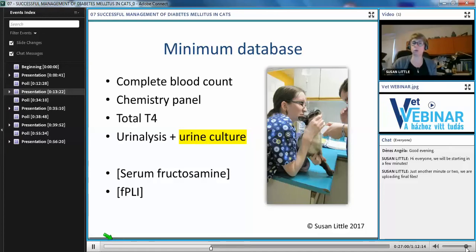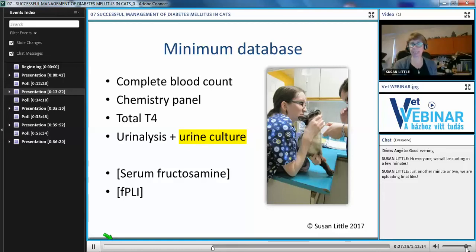We might do a serum fructosamine if we're concerned about stress hyperglycemia versus true diabetes. And we might actually order additional tests like a PLI if it's a patient where we're concerned that they may also have concurrent chronic pancreatitis, or it's a patient that you've suspected in the past has chronic pancreatitis like my cat did, that's leading them to diabetes.